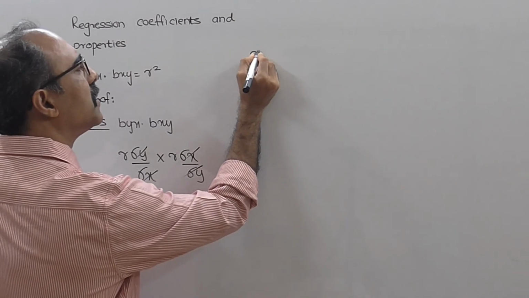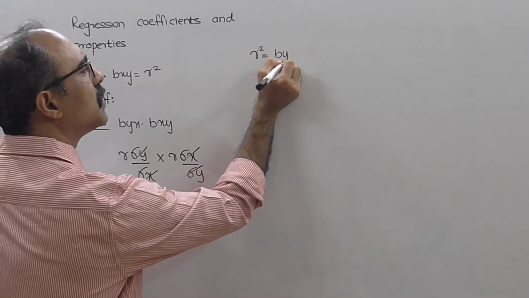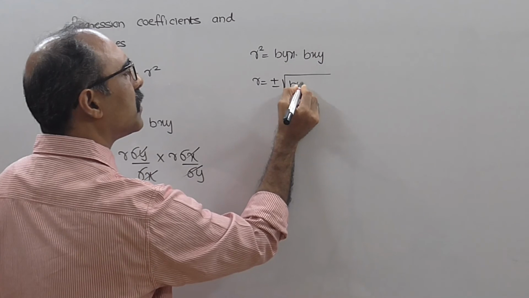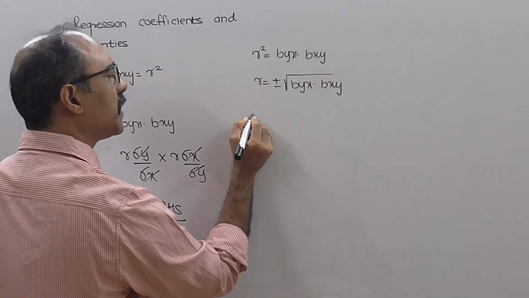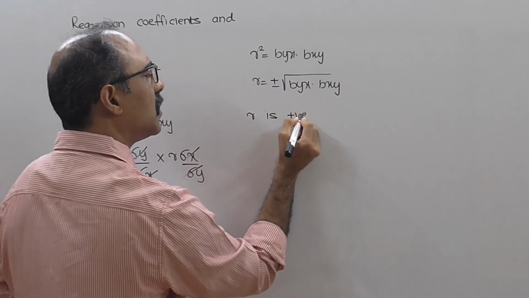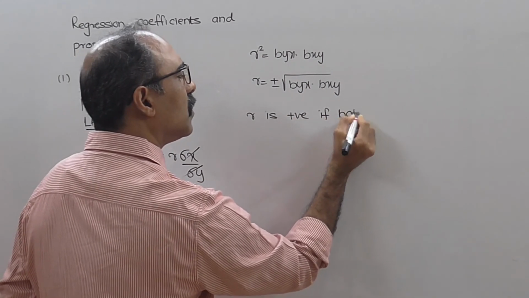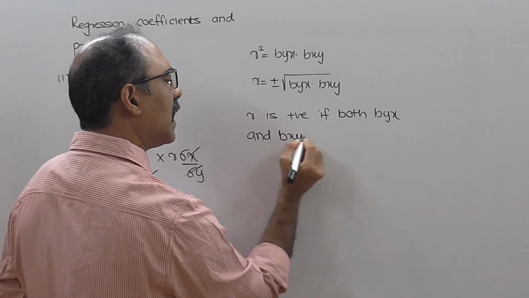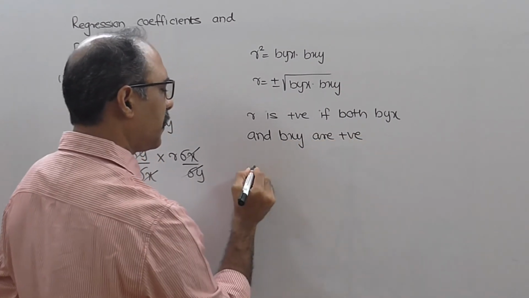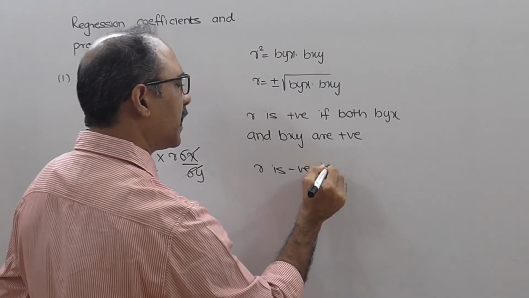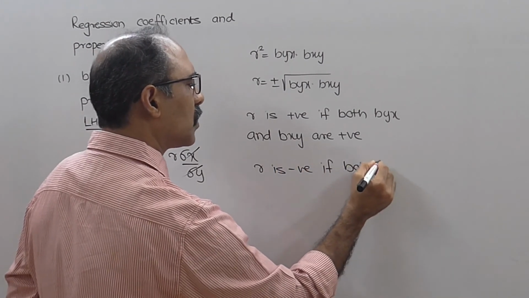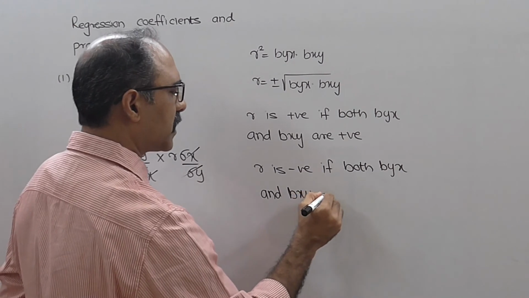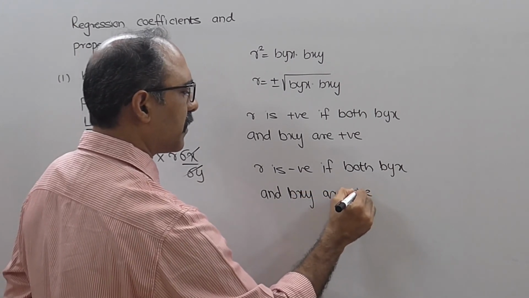Further, I can say that if r square is equal to byx into bxy, r is equal to plus or minus square root of byx into bxy. r is positive if both byx and bxy are positive. r is negative if both byx and bxy are negative.